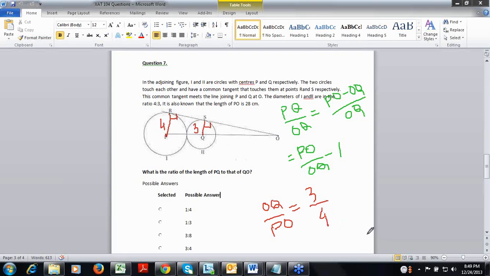Okay. OQ by PO is equal to 3 by 4. And we need PO by OQ. So what essentially it will be equal to 4 by 3 minus 1, which is equal to 1 by 3. So 1:3 we have option. Yes, we have option 1:3. We'll go ahead and mark option 2, 1:3.